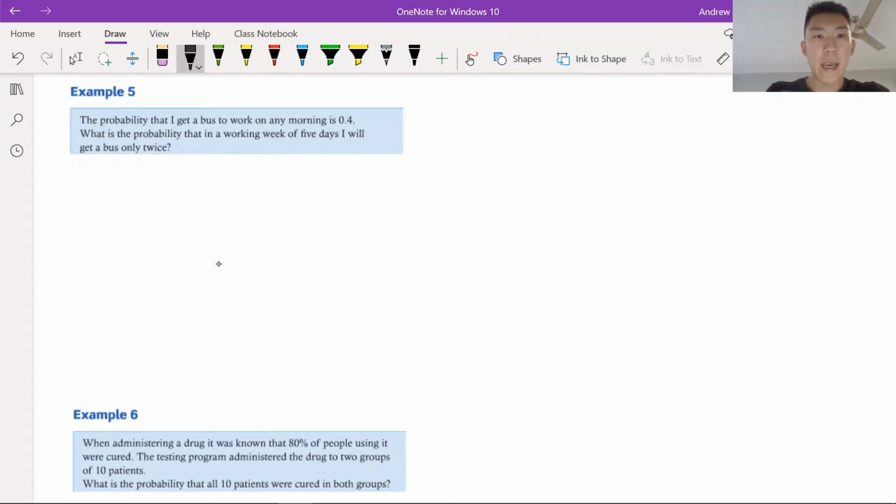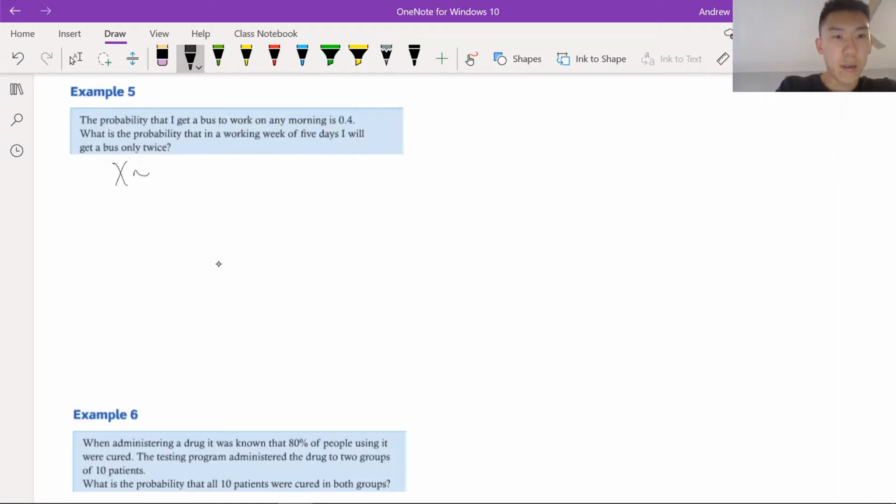So, and do we have 2 options, success or failure? Well, we actually do. So getting a bus would be success. Not getting a bus would be the failure. And we're going to assume it's independent, right? Because it says the probability that I get a bus to work on any morning is 0.4. So that's kind of just suggesting this is independent.